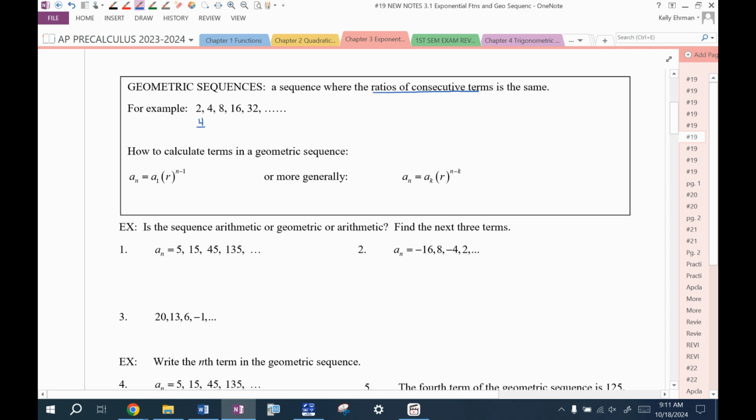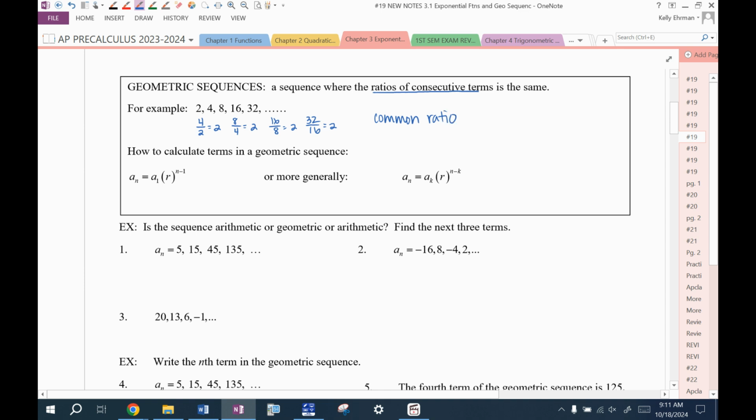It has to be the next term divided by the previous term. That gives me 2. 8 divided by 4 also gives me 2. 16 divided by 8 is 2. And 32 divided by 16 is 2. So the fact that I keep getting 2 when I divide, that's called a common ratio.